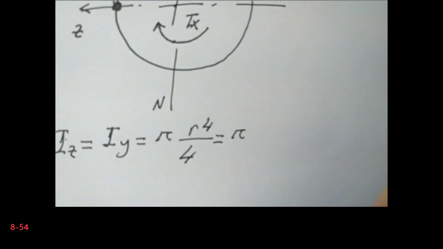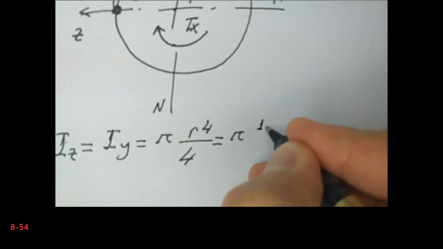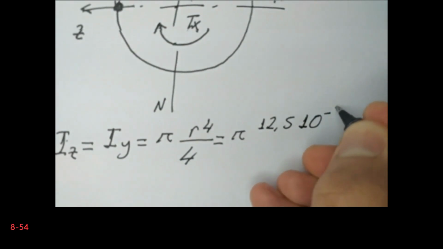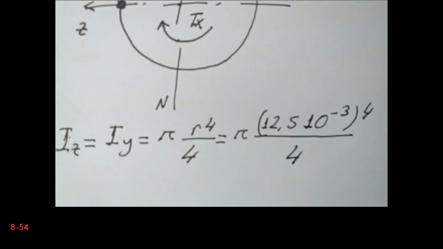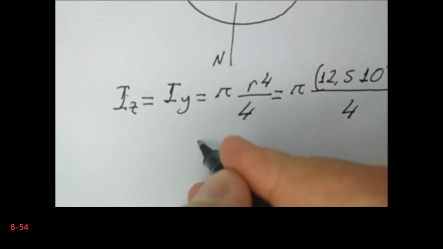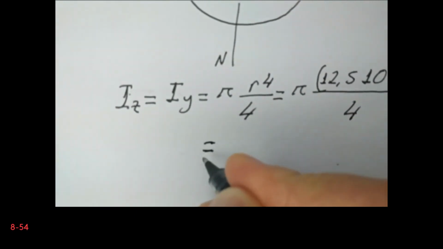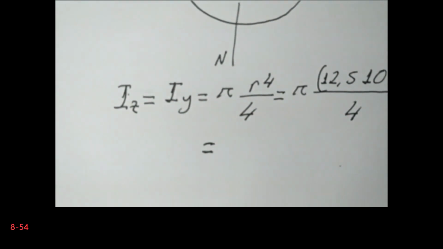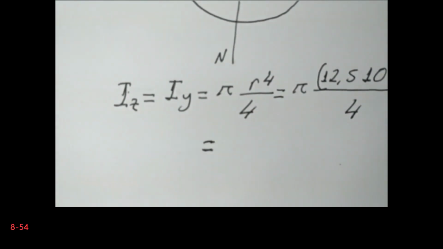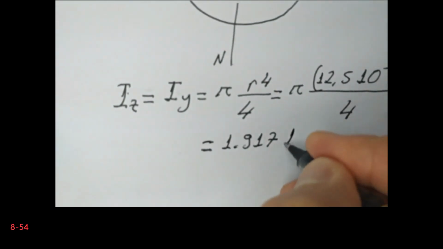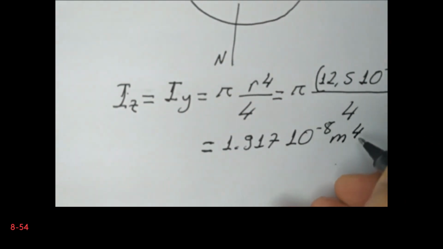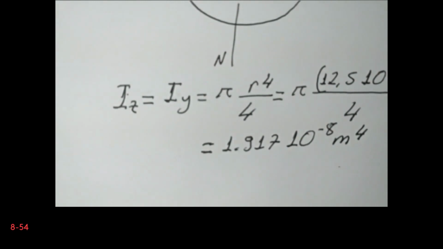So it is (12.5 × 10 to the power minus 3) to the power 4 divided by 4, and if you put the values, what you have is 1.917 × 10 to the power minus 8 meter to the power 4. So these are the bending moments of inertia in both axes.